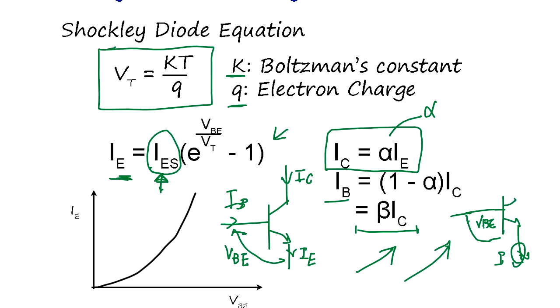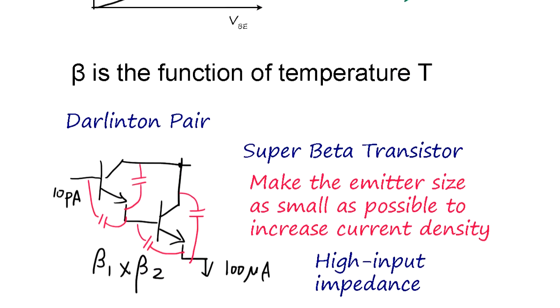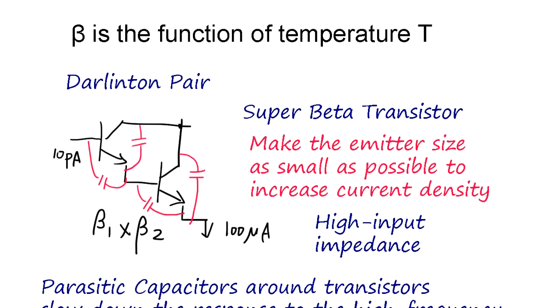Okay, those are basic characteristics of the transistor. So the transistor is highly temperature dependent, and often we have to consider that and compensate for temperature in the analog circuit, and that's what we talk about. Beta is a function of temperature T.